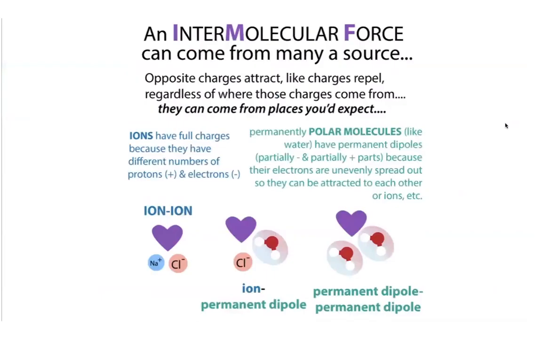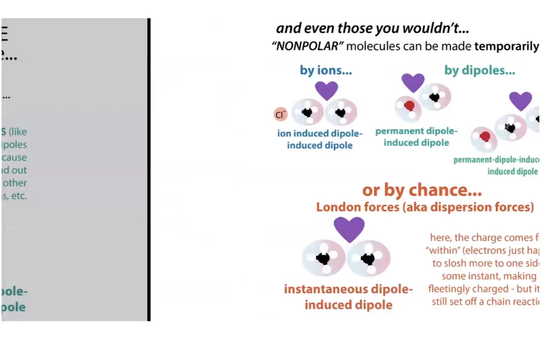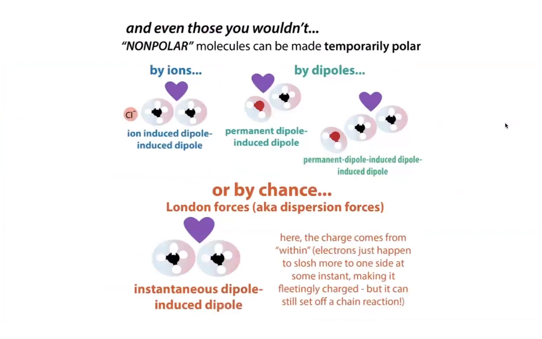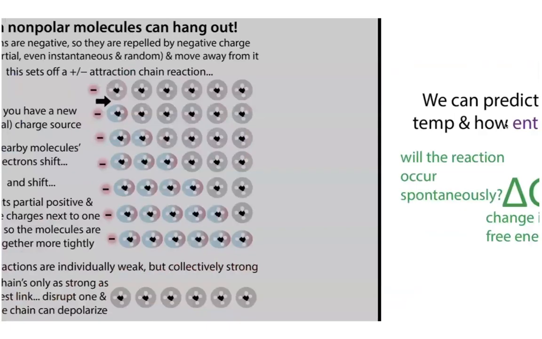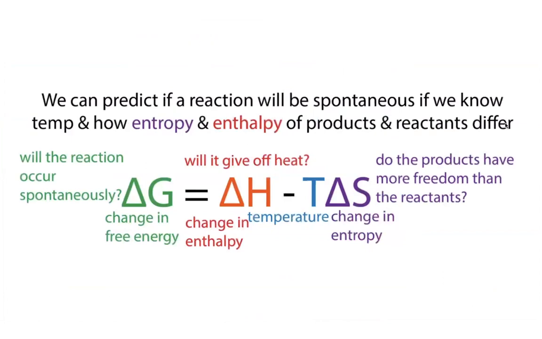Even those temporary ones, induced dipoles, instantaneous dipole-induced dipole or dispersion forces, all of those van der Waals forces count towards our enthalpy. If we have more favorable interactions in the bound state than in the unbound state, that's favorable in terms of the enthalpy.